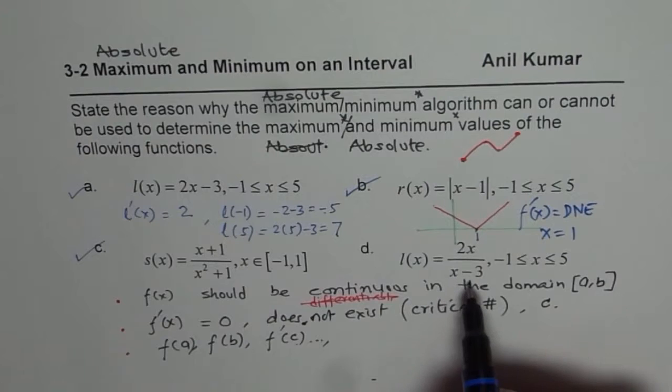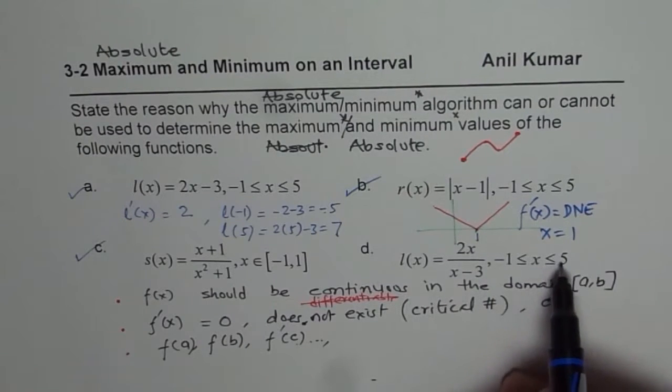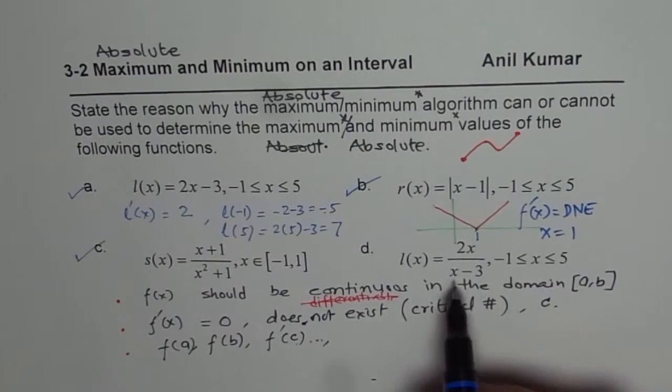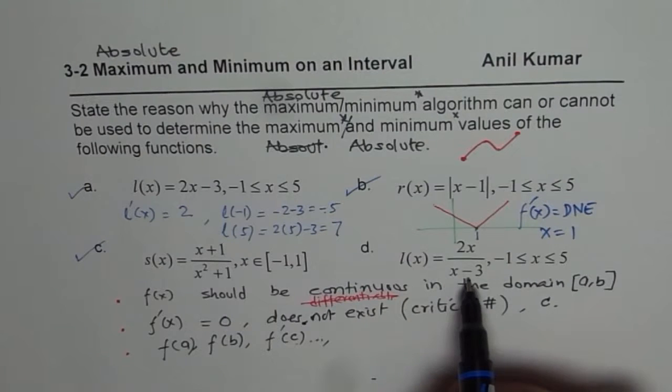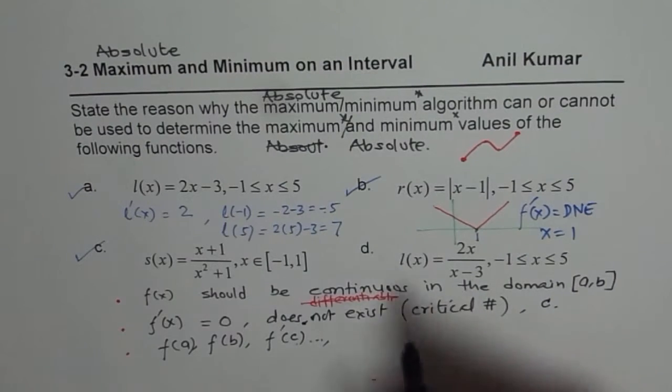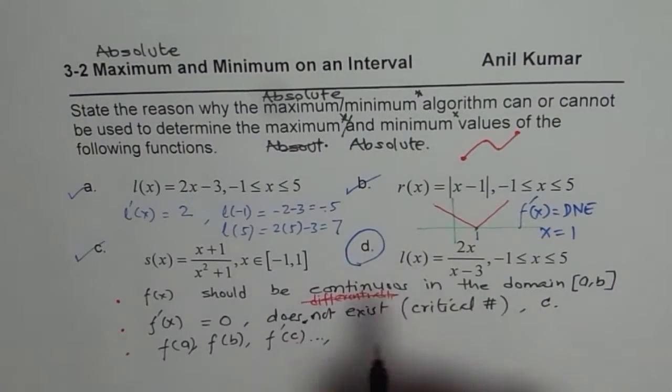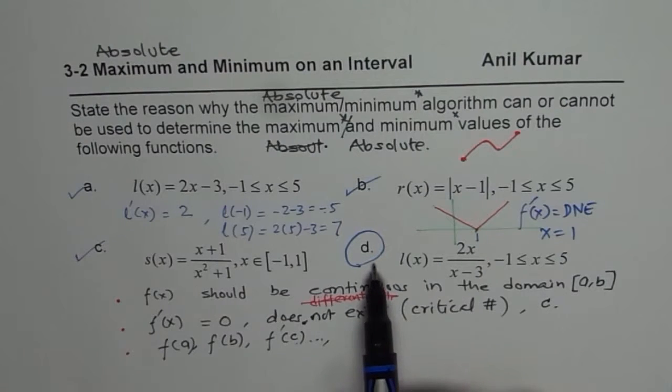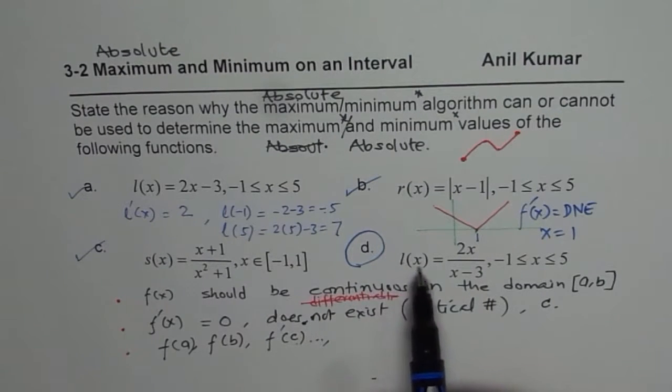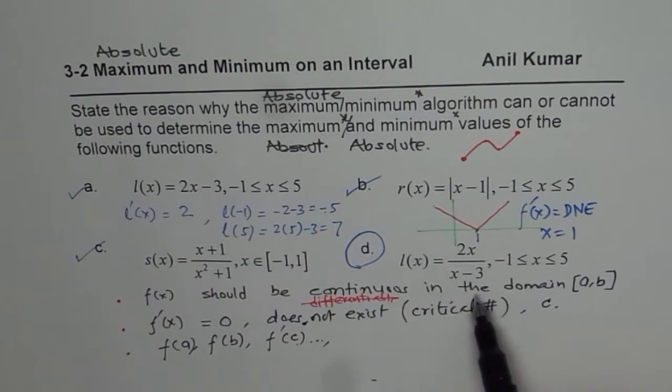In this particular question, in the domain -1 to 5, if I substitute 3 here, then the function has a vertical asymptote. So it is not continuous in the domain. So this is the function where we cannot find the absolute maximum or minimum using our algorithm. And the reason is that it is not continuous.